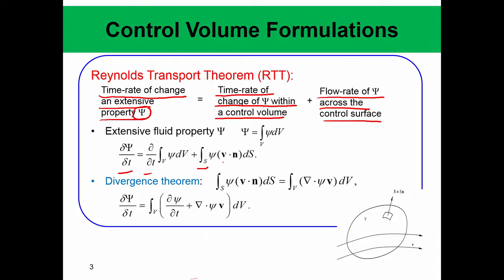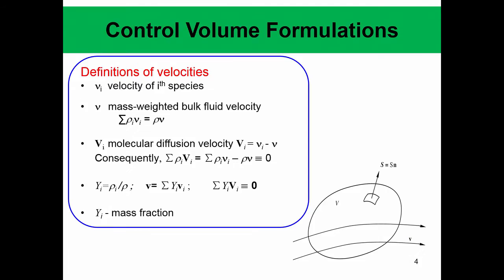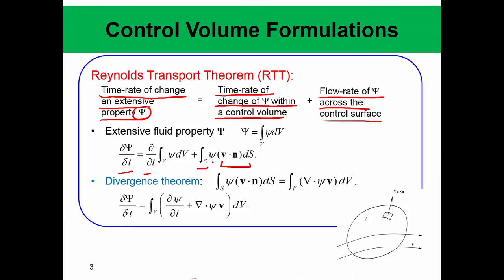This v dot n dS basically characterizes the mass flow rate, and multiplying with xi gives us the flow rate of the property xi. All right. If this is a moving control volume, then this essentially becomes v relative, that is the actual velocity minus the velocity of the control volume.